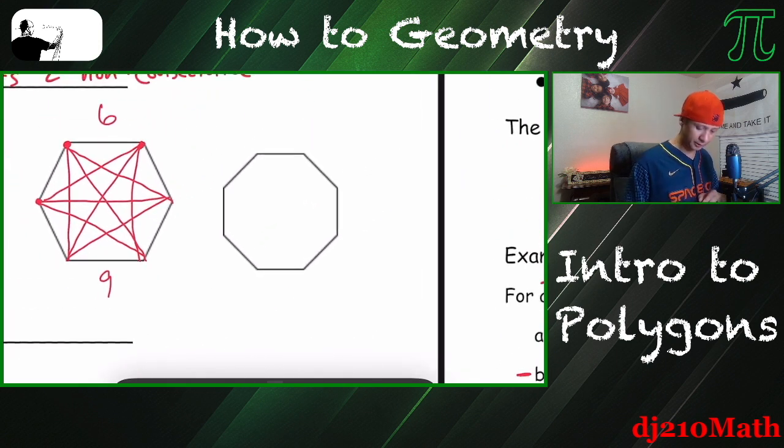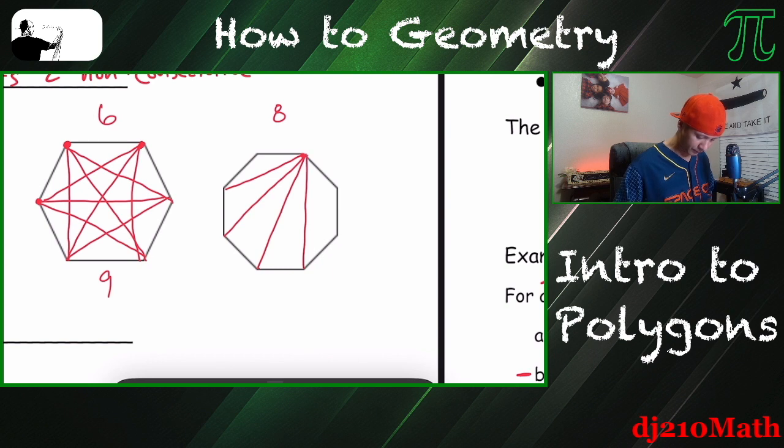So an 8-sided shape. Each vertex is going to have 1, 2, 3, 4, 5. And again, some of these will be counted twice.